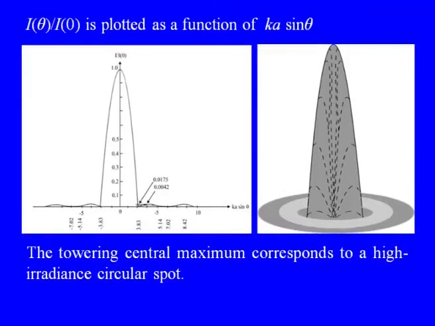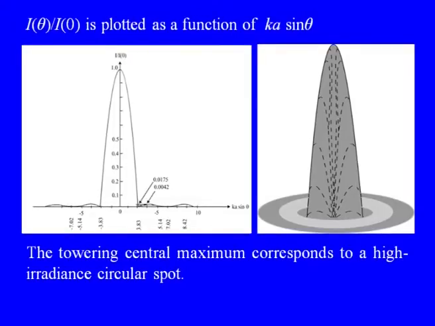Here we have a plot. You see this on the right side, this towering central maximum corresponds to the higher radiance circular spot carrying an intense total energy content of 84%. Then it shows a ring, second ring. On the left we have a graphical picture showing the intensity of the central maximum, and relative to that we get a minimum at 3.83, then another minimum at 7.02, really 7.016.